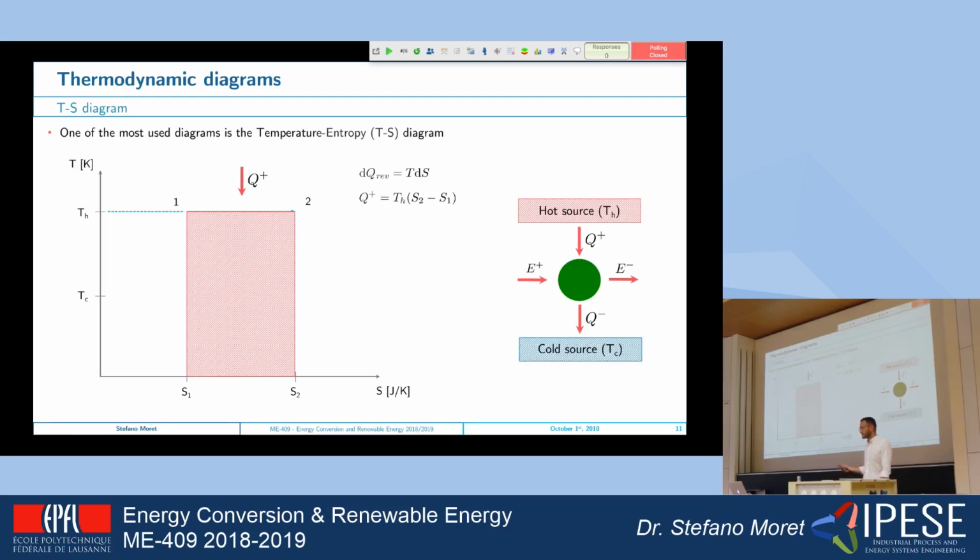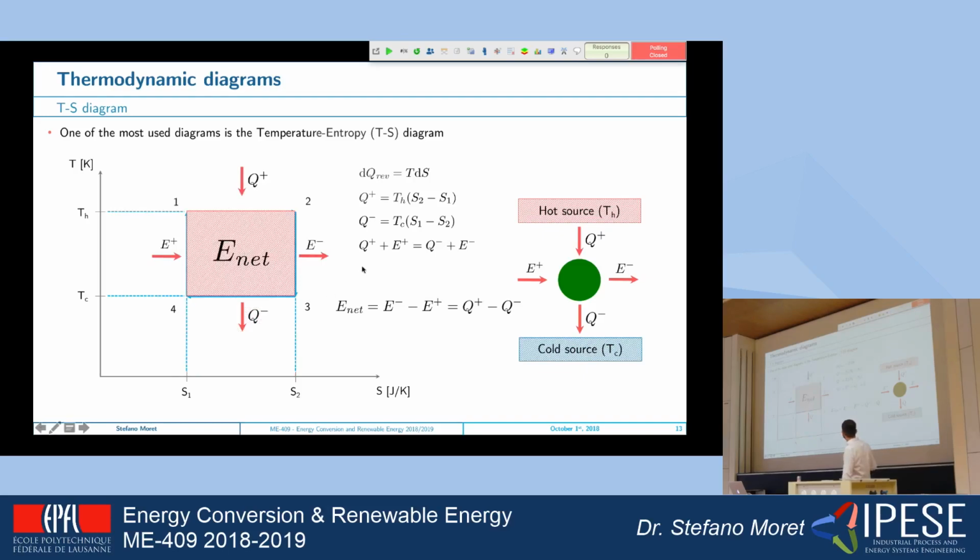In the same way, the heat that we are rejecting from the system to the cold source is represented by this area. Now if you remember the first principle of thermodynamics, which tells us that everything that goes in goes out, the net amount of work that we can produce with a cycle is the red area at the center of the cycle.